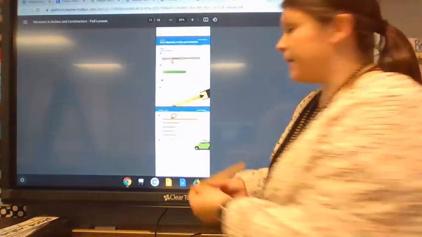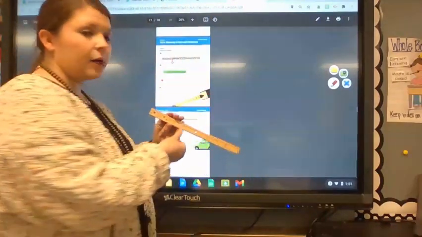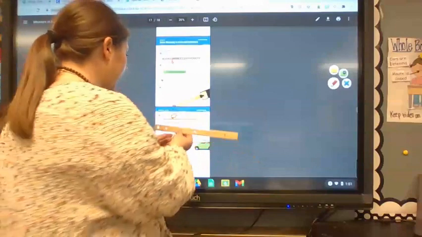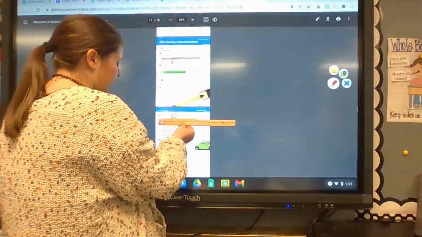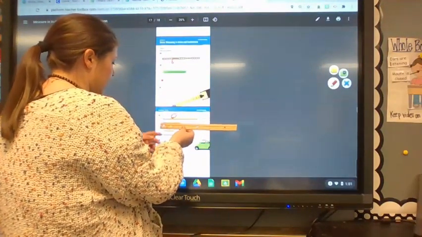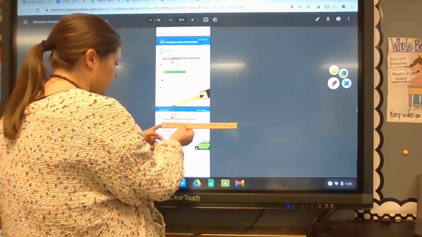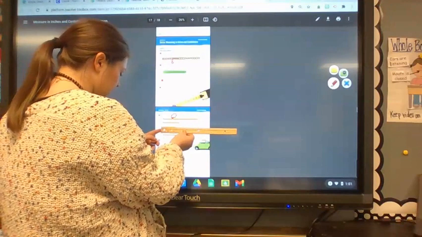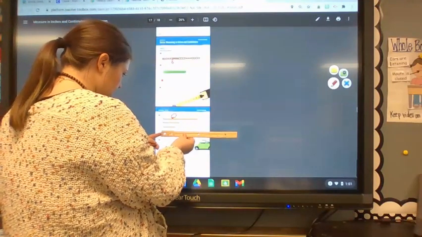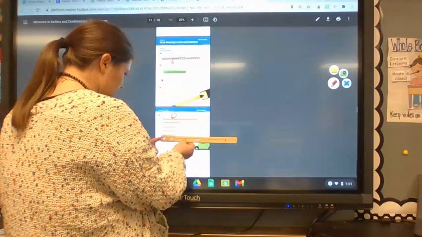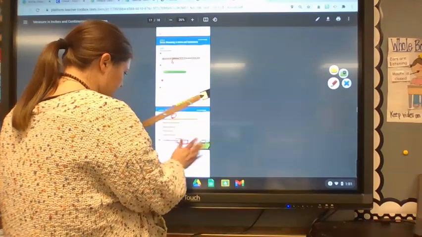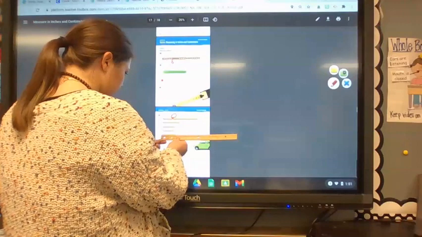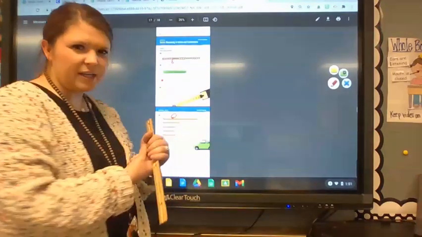All right, so I'm going to go ahead and start. Remember, accurately using our ruler, if there's a 0, we start on the 0. If not, we start on the end. Oh, I can already tell that that pencil is way longer than 6 centimeters. All right, let me go to B. All right, C. All right, so I think I have found which one is 6 centimeters.